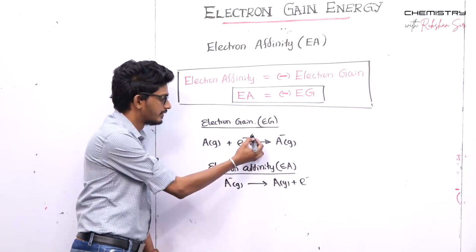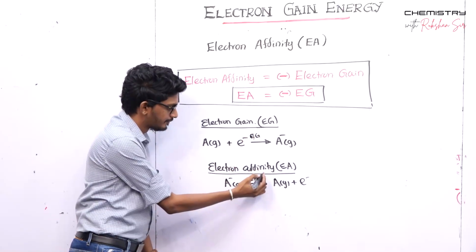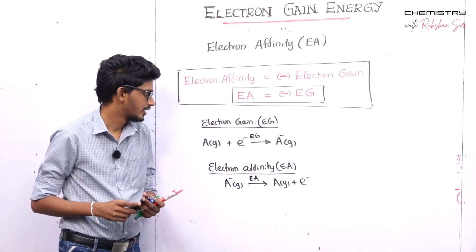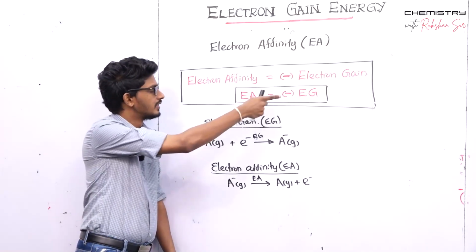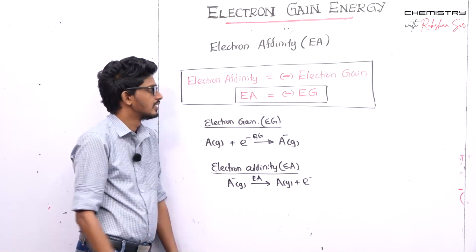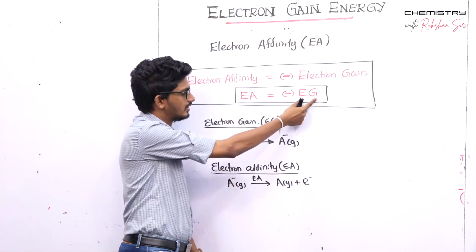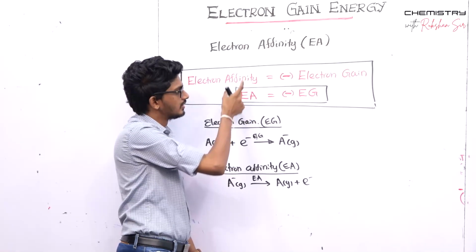This electron gain, this electron affinity. That's it. All the positive values of the electron gain come as negative values when it comes to electron affinity. All the negative values of electron gain come as positive values for the electron affinity.